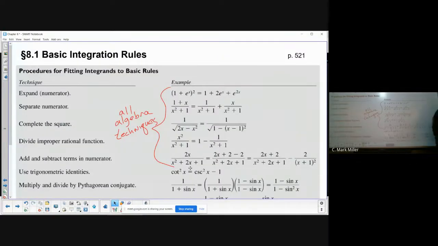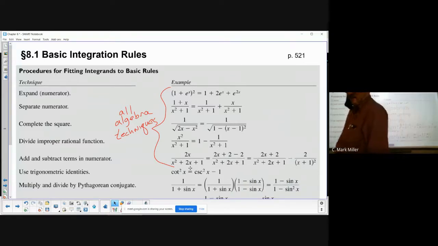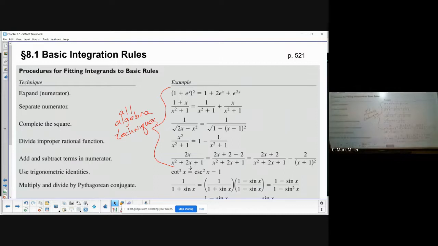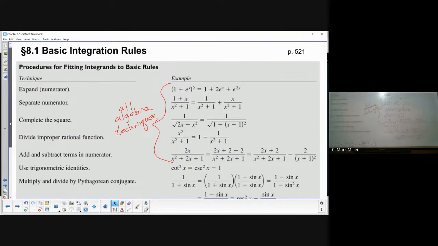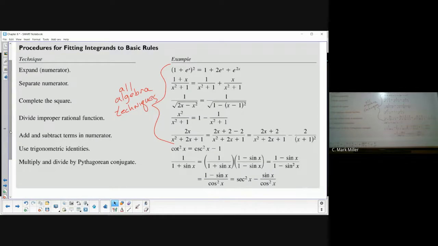We were covering last time. This chart I mentioned covers a variety of techniques, some algebraic, some, let's call it, trigonometric.